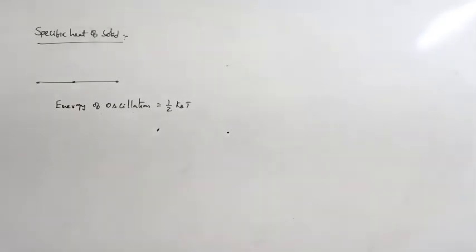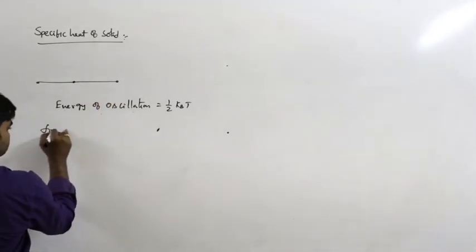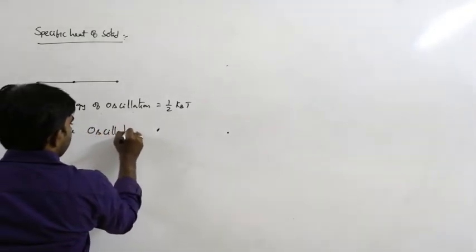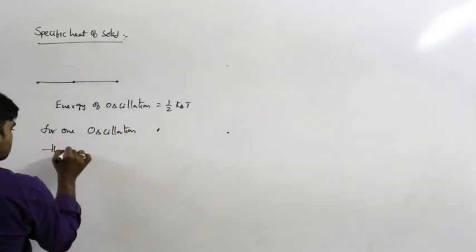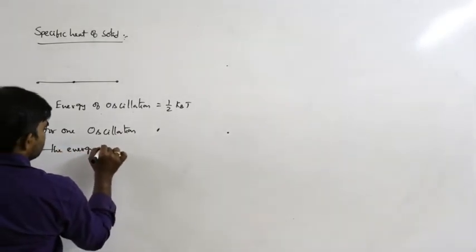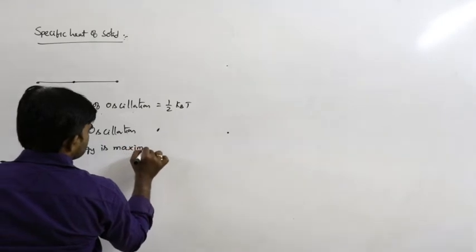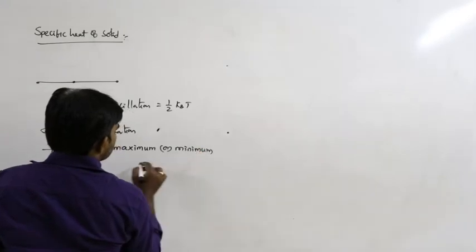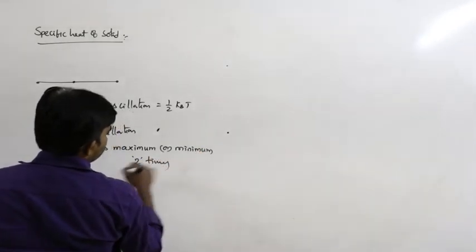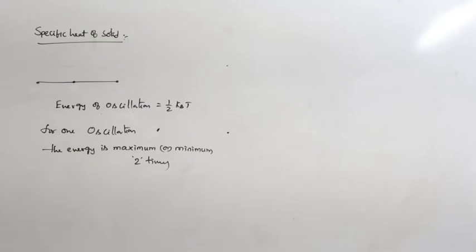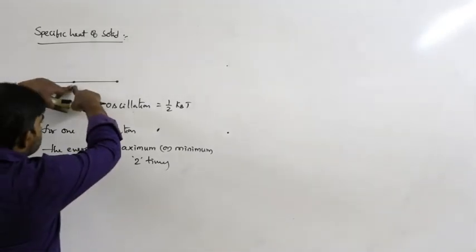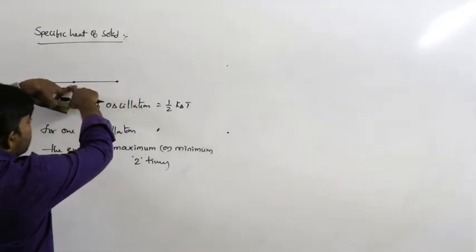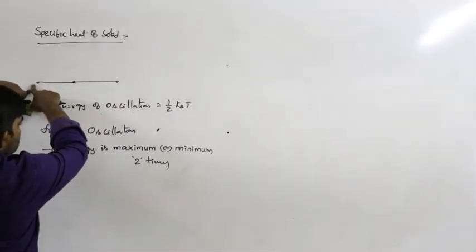For one oscillation, the energy is maximum or minimum 2 times, because at the mean position the kinetic energy is maximum, at the extreme position it is 0, and again maximum at mean, 0 at extreme, like that.